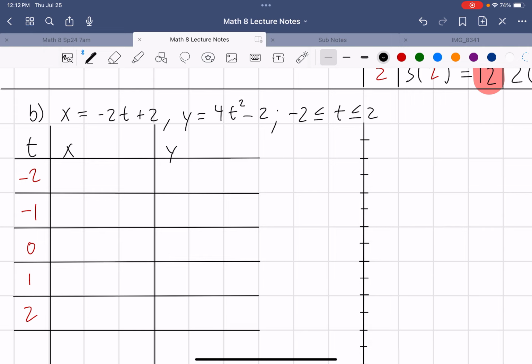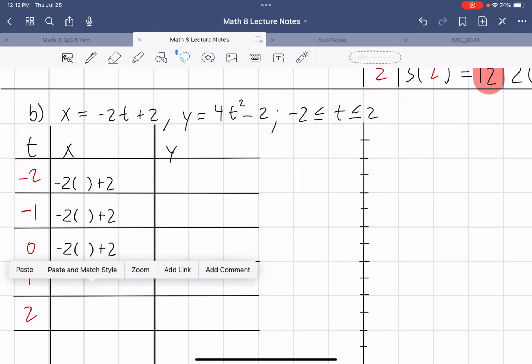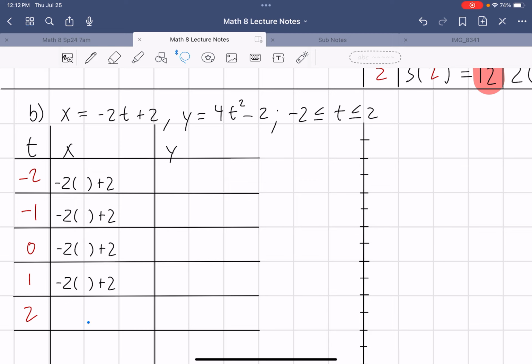So we have -2, and again I'm just going to replace with parentheses, plus 2, and since it's long, I'm literally just going to copy and paste, because luckily I can, to save myself some time. This way I can input all my values.